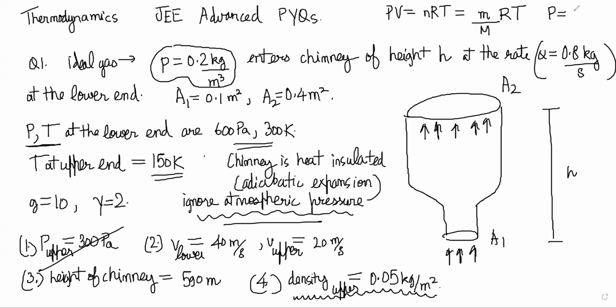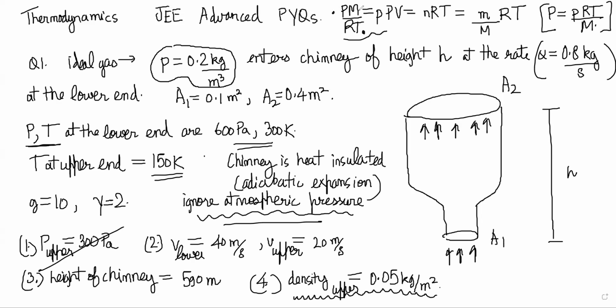The ideal gas law can be converted to get density. Density is PM by RT, where capital M is molar mass. Density at the lower point was given, and you knew temperature and pressure of the lower point.